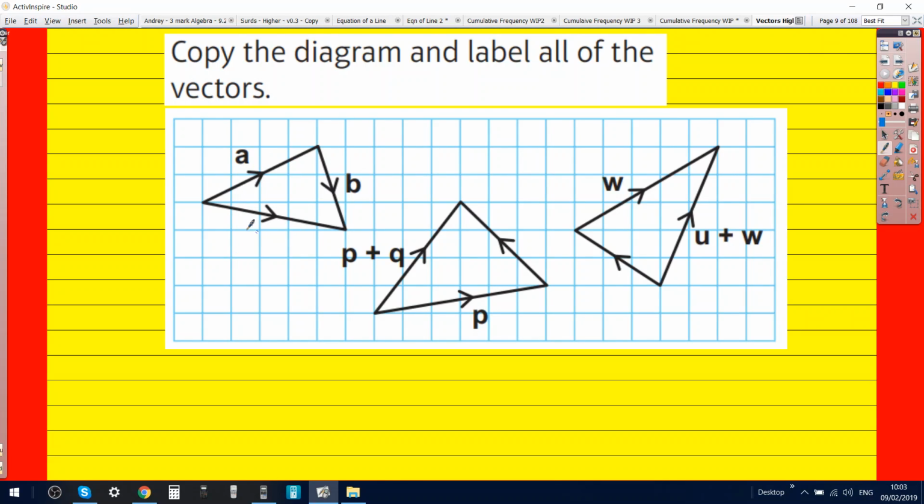Okay, what is the missing vector here? I'm not sure.